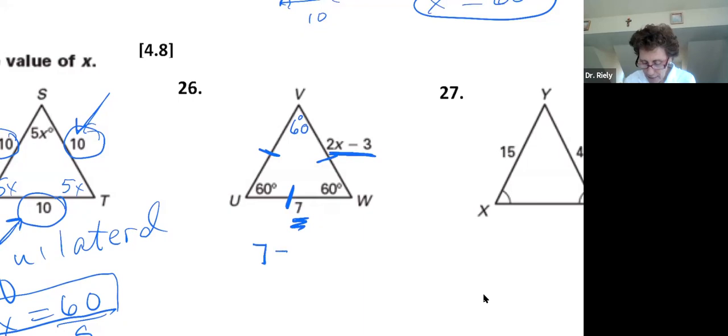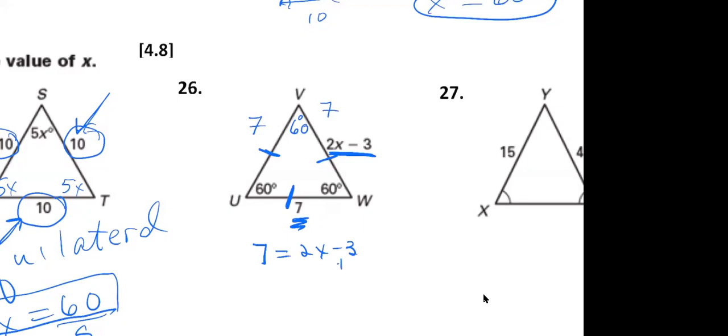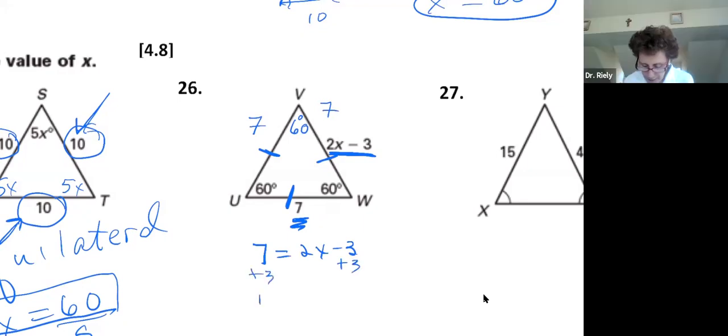So you can say 7 has to equal 2x minus 3, because don't all the sides have to be 7? Yeah. Okay, so plus 3, that's 10 equals 2x. Divide by 2. So I'm getting x equals 5. Okay? So keep the angles in their own category. Keep the sides in their own category. Don't combine degrees with side lengths, okay?